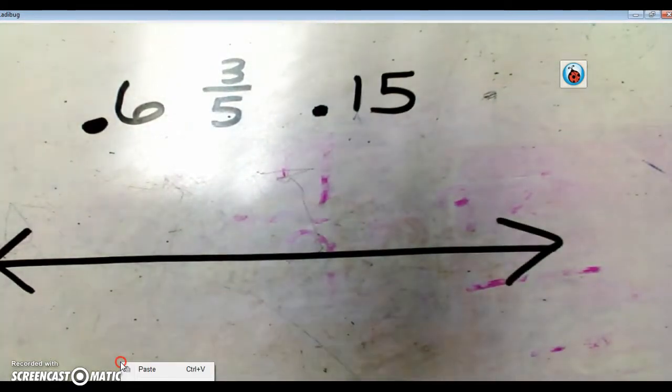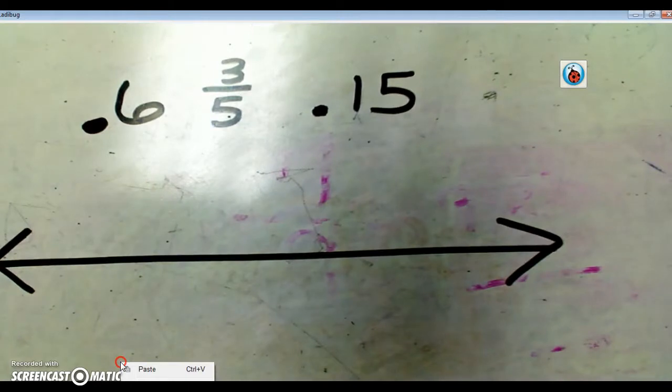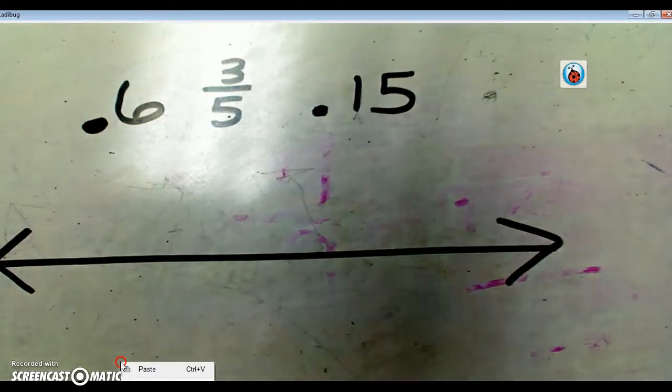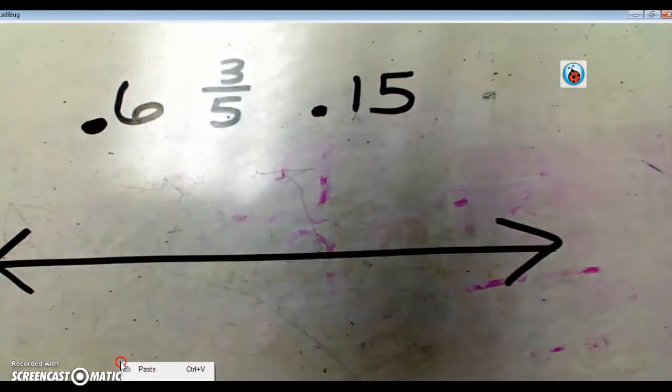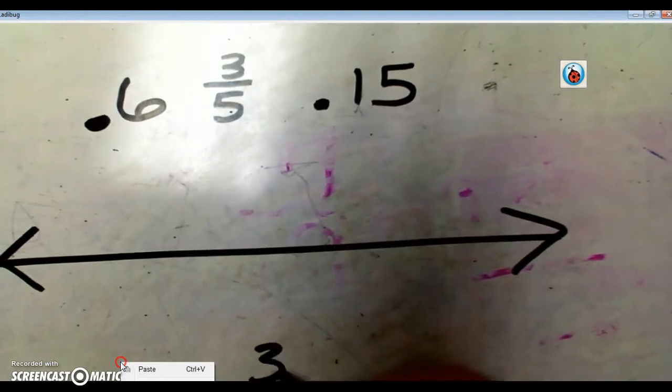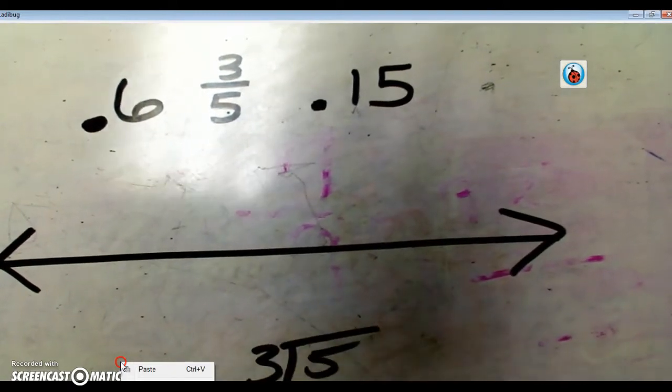I know how to convert that fraction to a decimal. That's step number 1. How do I convert 3/5 to a decimal? Whoops, I gave you 2 that are the same. My bad. How do I do that, Hayden? I could take 3 and divide it by 5. Okay?